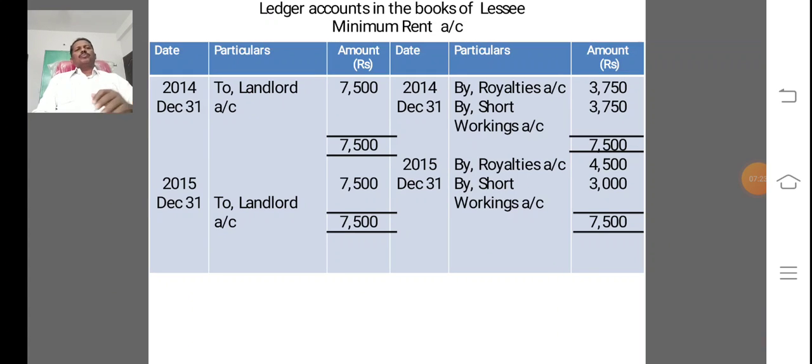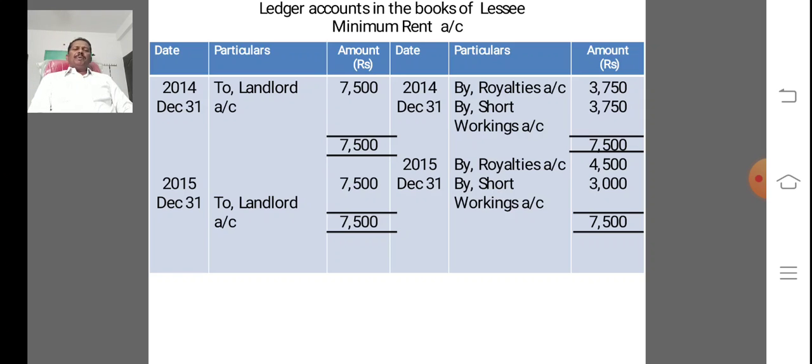Next, we prepare ledger accounts in the books of the lessee. The first account is the minimum rent account. In 2014, debit the landlord account 7,500. Credit royalties account 3,750 and short workings account 3,750, total 7,500.